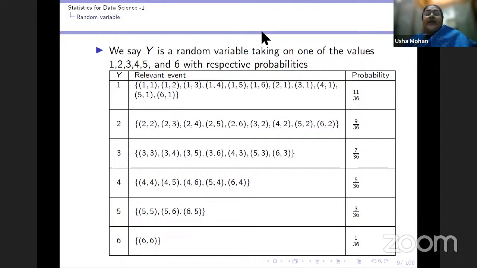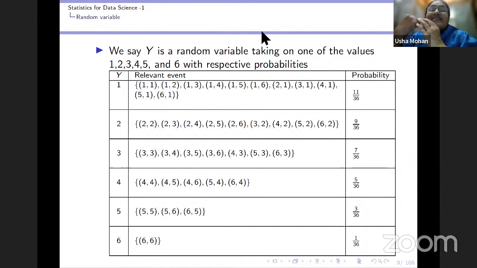Okay. The random variable need not always be a numerical output. The reason why we have defined it as a numerical output is in the sense that you are able to map the random variable to some real number. When you define that the first die is an even number, afterwards you are assigning some value to it.